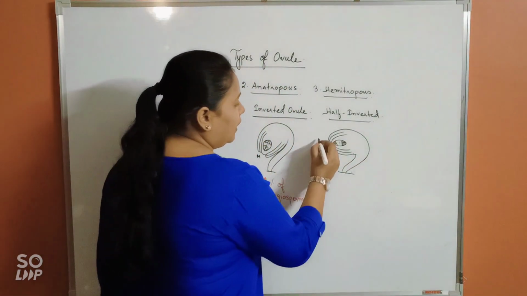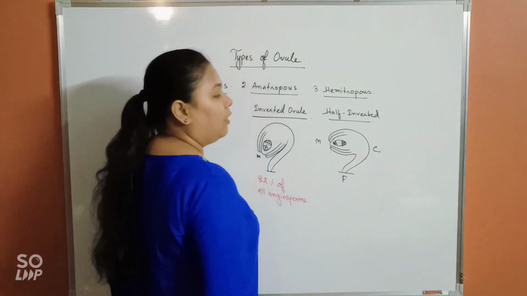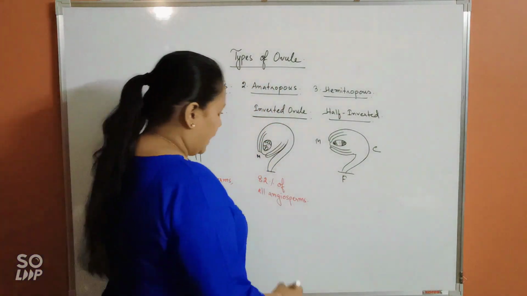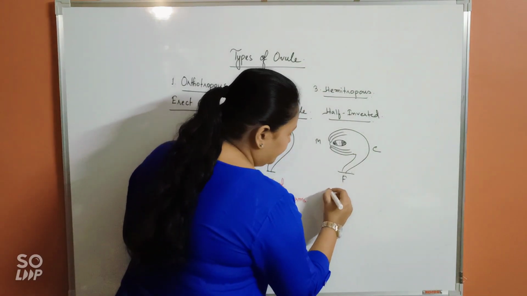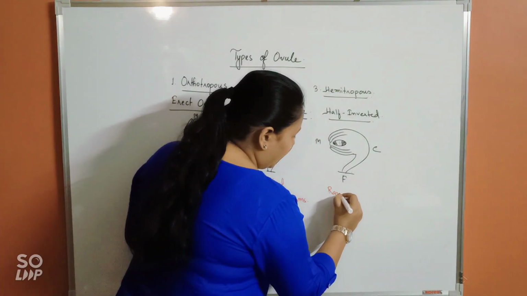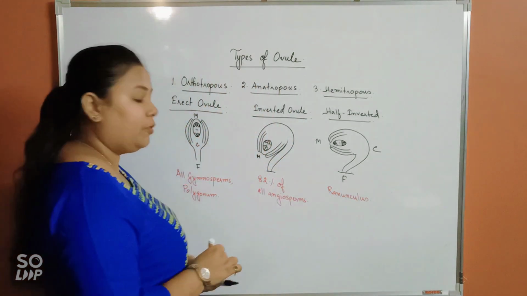Here, micropyle and chalaza are perpendicular to the funicle. Alright, example is going to be Ranunculus.